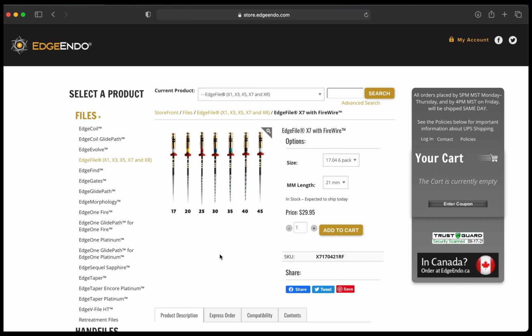Now, the beauty of the Edge Endo file systems is that the performance is very close, if not identical, to the major brands, but the price is significantly less. When Edge Endo initially came out, the prices were anywhere between half to a third of what the major large manufacturers were charging for files.